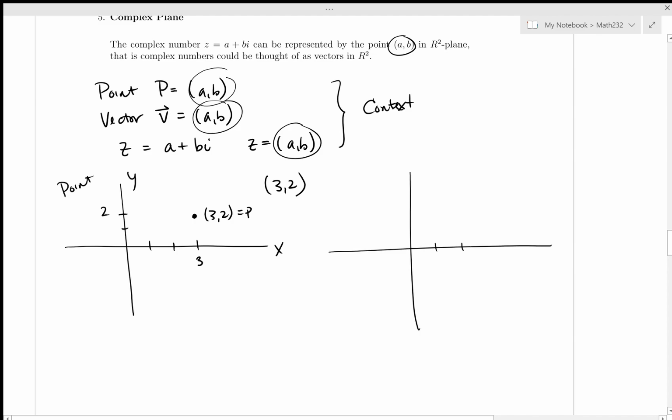Now, it's going to be, of course, in the exact same location. The other way I can think of this is I could locate the vector v whose terminal point is (3, 2). So I could be thinking of it that way as well.